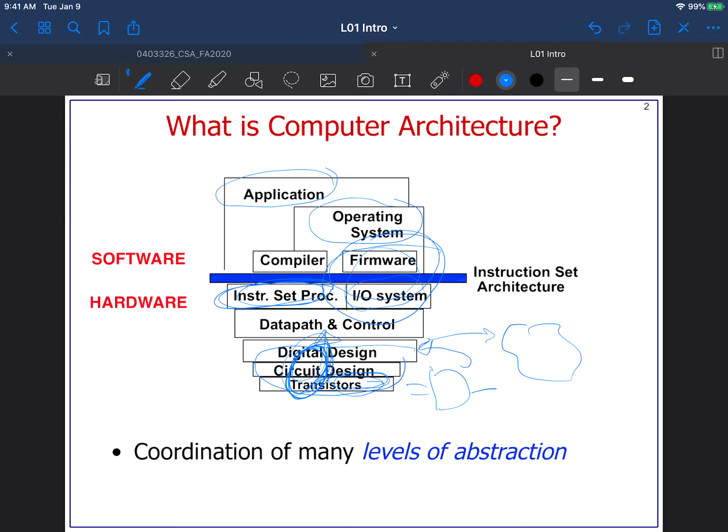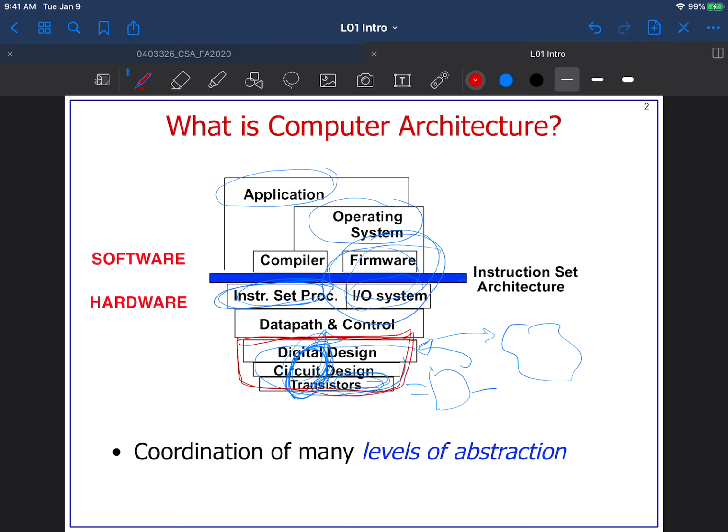Now, in the case of computer architecture, and specifically computer system architecture, which we are studying, you have to have the foundation. You cannot study computer architecture without the foundation.